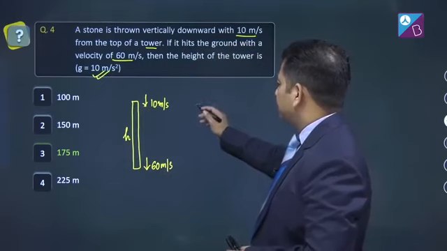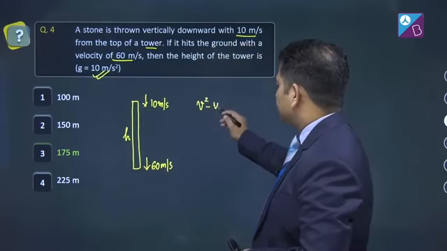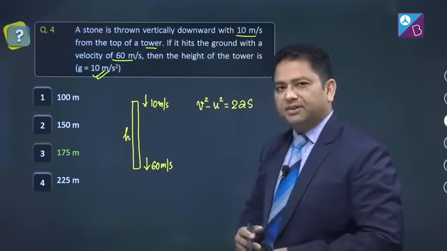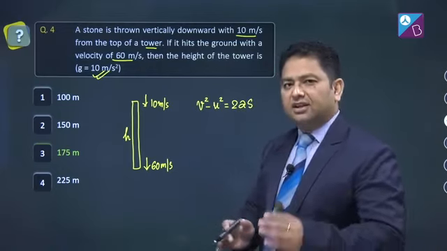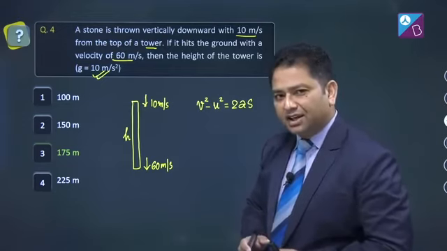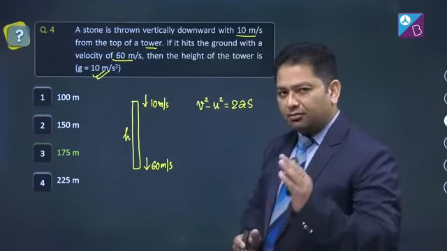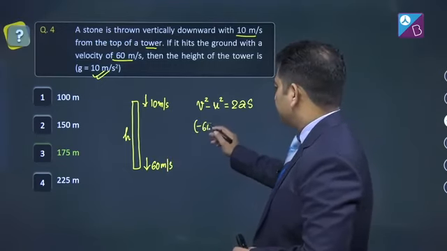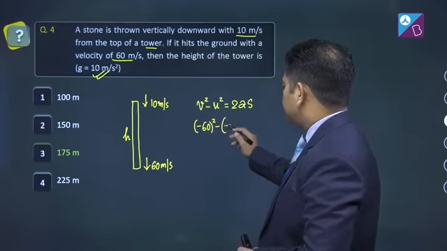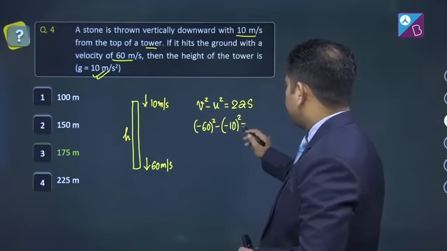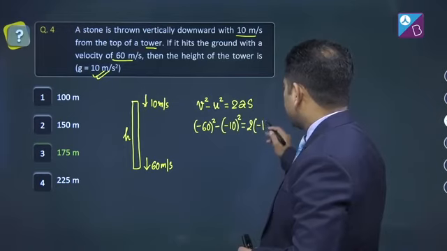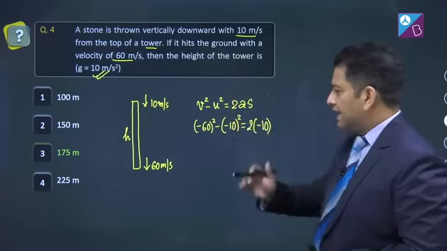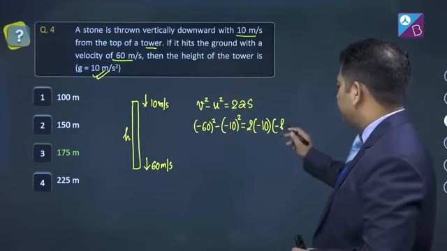Let's see, I can use this equation: v squared minus u squared equals 2 times acceleration multiplied by displacement. With the regular convention, vector downward is taken negative and vector upward is taken positive. Final velocity is -60, squared; initial velocity is -10, squared; acceleration being downward is taken as -10; and displacement being down will again be minus h.